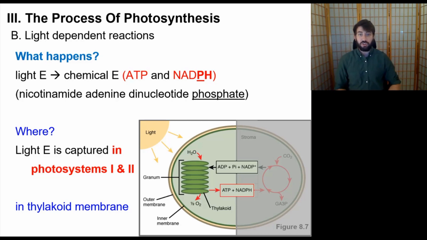Now, based on lecture 8.1, any guess as to what other type of molecules we'll find in these photosystems? I'll give you a hint. You're going to find proteins for sure, but what else? One more hint. They're involved in capturing light. Yeah, right. Chlorophylls, so the pigments that can actually absorb light.